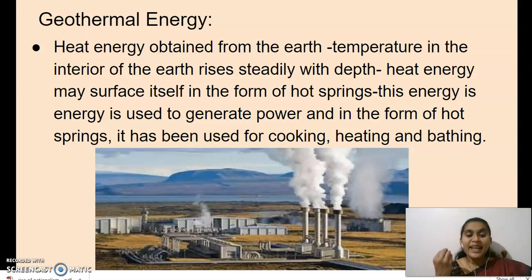This heat energy may surface itself in the form of hot springs, and it is used to generate power. For what purposes are we using this geothermal energy? For cooking, for heating and for bathing. Hope you guys understood how we get geothermal energy. The heat obtained from the earth is called geothermal energy.